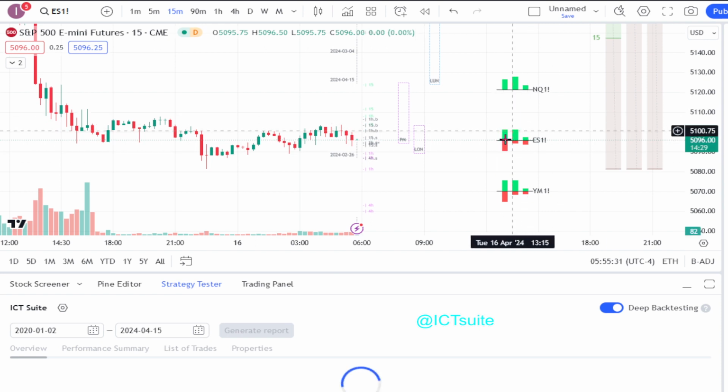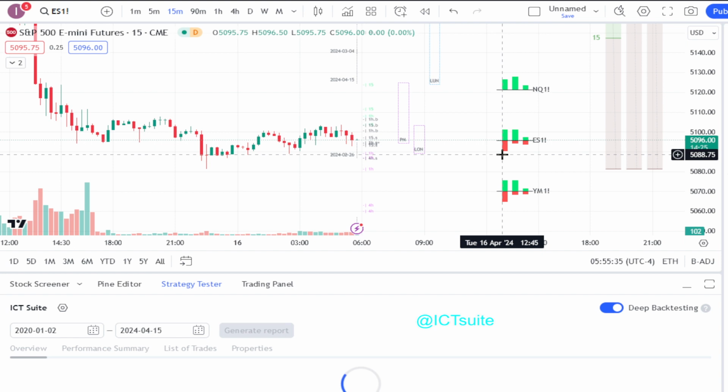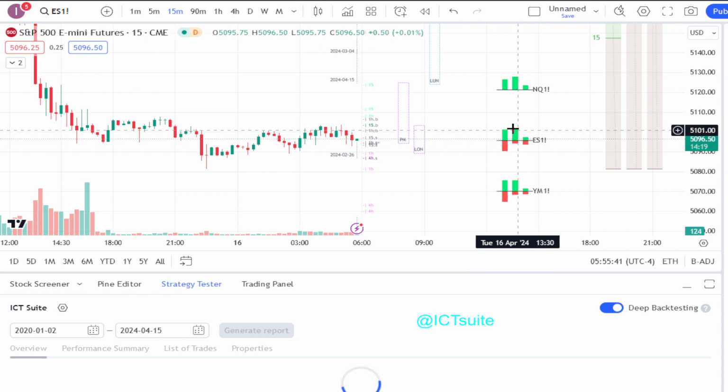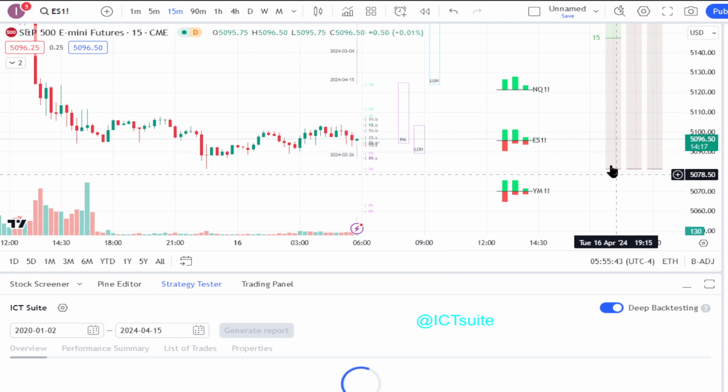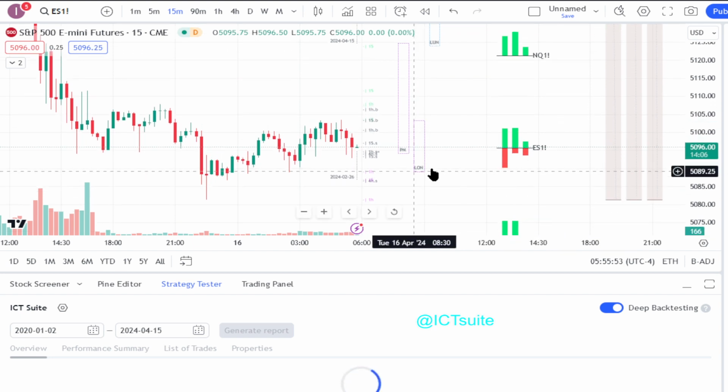So ES is dropping, and we can see it here. This is showing the tops and lows. And this is where we currently are in price, yeah, compared to the tops and lows. Highs and lows, maybe, I should say.